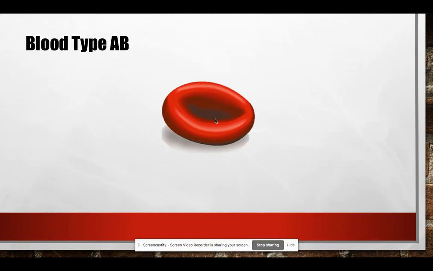Now, if I have AB blood, that means I have both the A and the B antigen hanging out on the surface of my red blood cell. And the opposite of having all of my antigens on the surface of my red blood cell is having no antibodies in my plasma. So AB is interesting because it has no antibodies hanging out in the plasma.